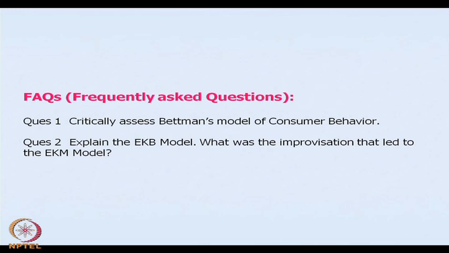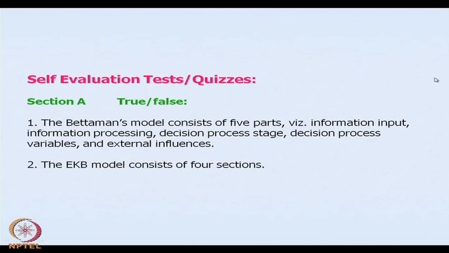Second question, explain the EKB model. What was the improvisation that led to the EBM model? So, you start with the EKB model, and then you move on to the EBM model. You start with what the EKB model is, explain the model, illustrate the relationships, and then you move to the EBM model, or how it was improvised.